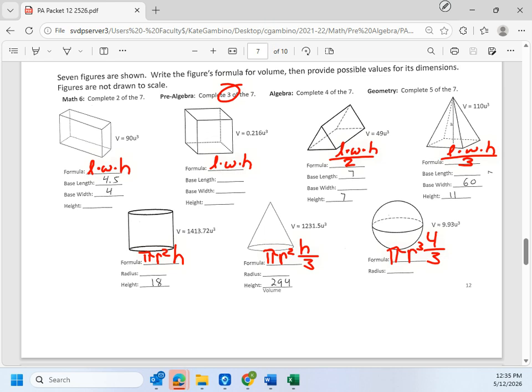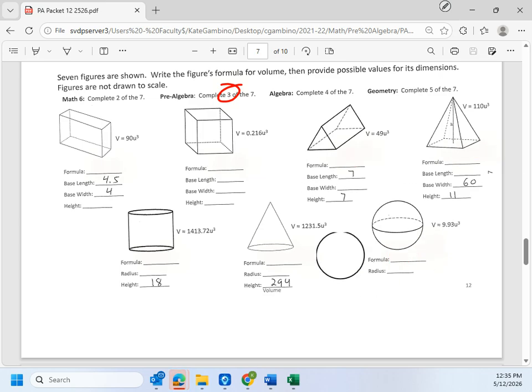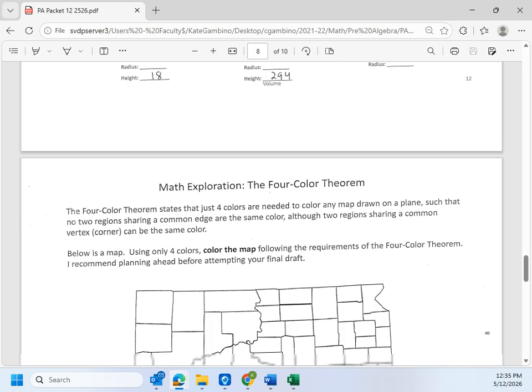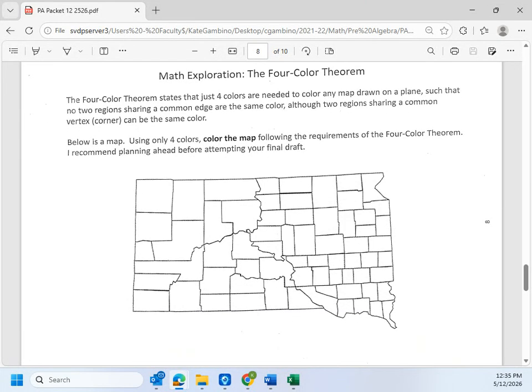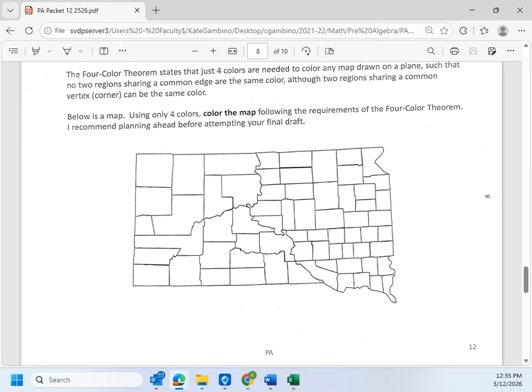Our next page is, did we do this page already this year? No? Okay. The 4-color theorem says that just 4 colors are needed to color any map drawn on a plane, such that no 2 regions sharing a common edge are the same color, although 2 regions sharing a common vertex can be the same color.